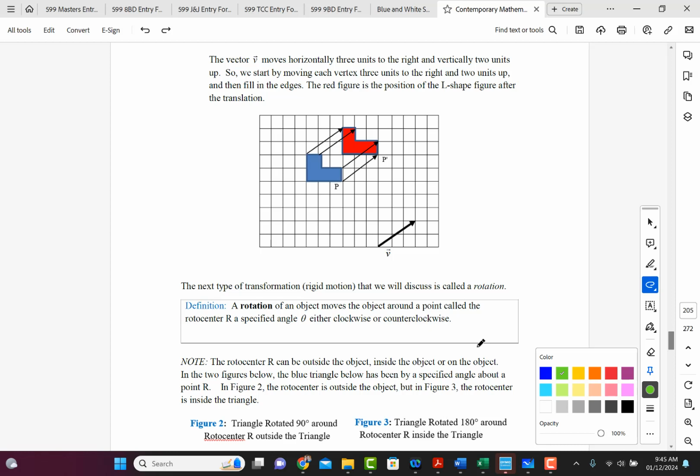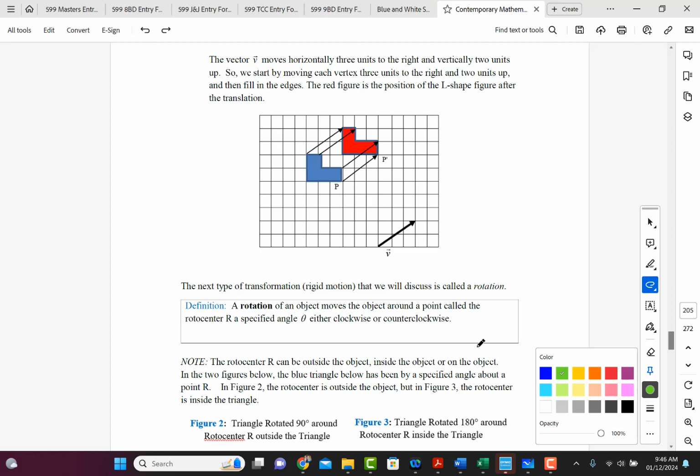So the next type of transformation that we're going to talk about, which is a rigid motion, will be a rotation. Now, a rotation, by definition, of an object moves the object around a single point called the rotocenter, R, and it's rotated by a specified angle, theta, either clockwise or counterclockwise.